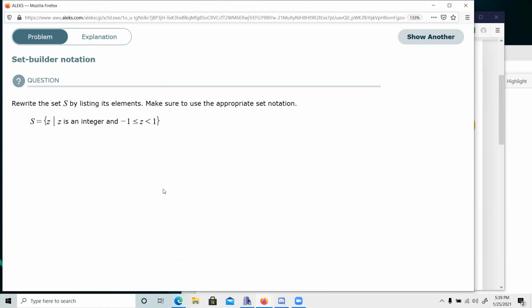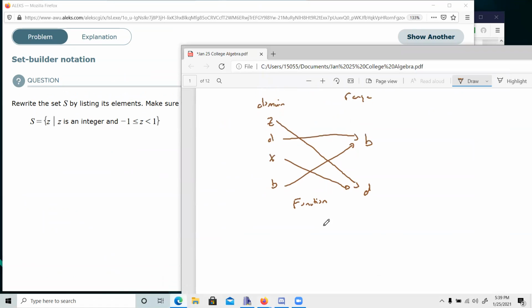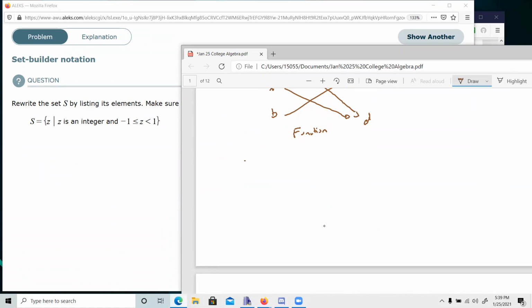Set-builder notation. This is a little bit weird. Okay. So what we want to do is rewrite the set by listing the elements. So we want S is equal to Z. So when you see this curly bracket thing, that is the set containing.